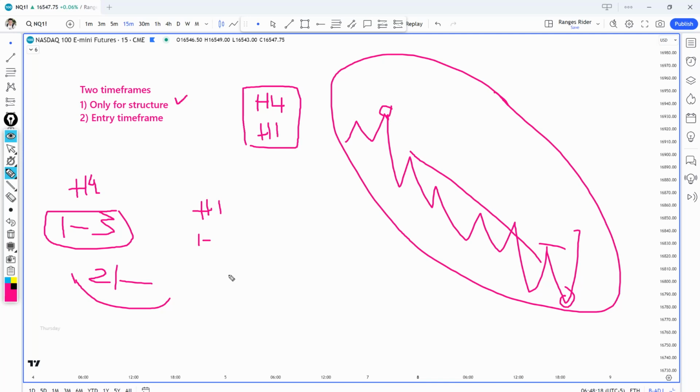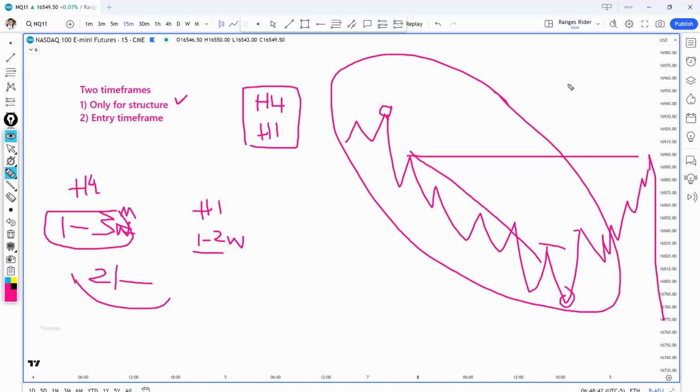Minimum 1 week, or it could go up to 2 weeks or more. So can you wait during this whole time period? Yeah, then the advanced stuff comes when you have the QM. You can start the counter trend up to here and then come here. Yeah, but you don't need this old stuff.